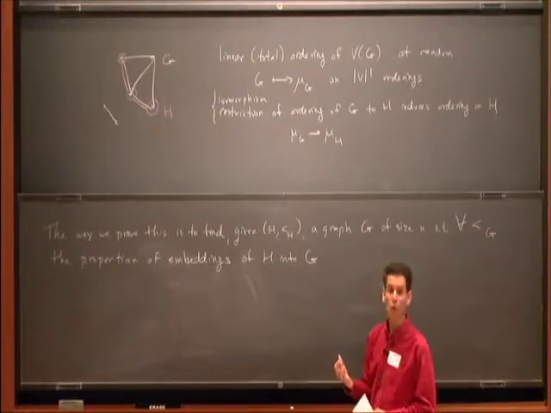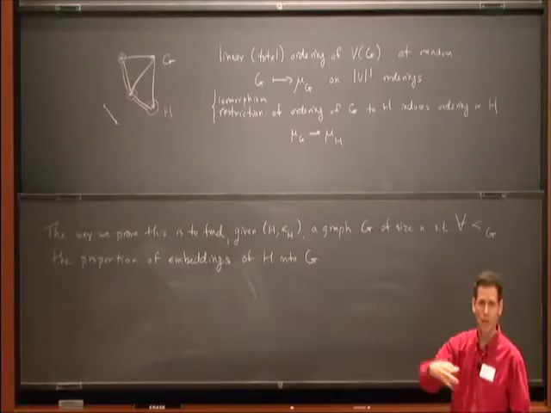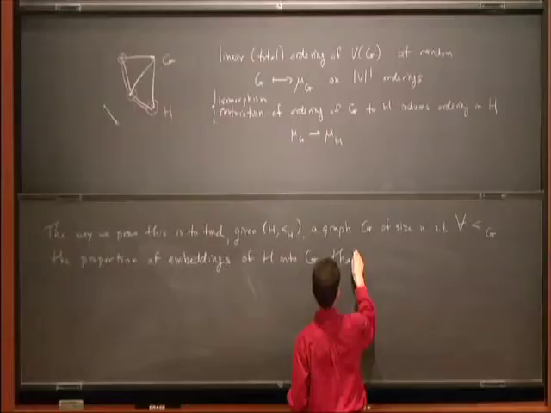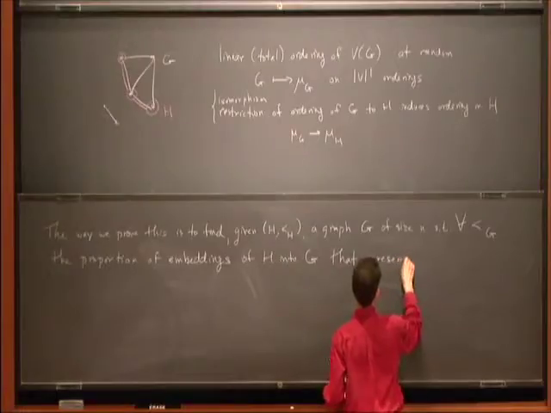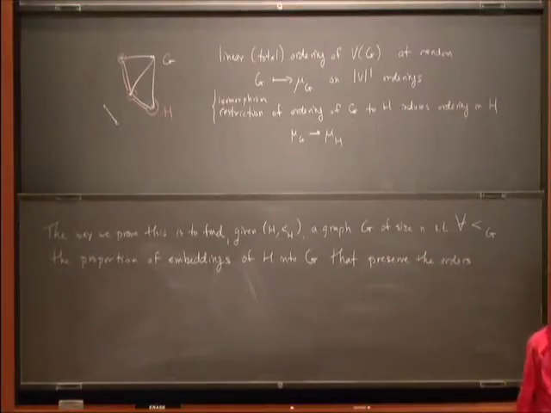And some of them will preserve the ordering. In other words, the ordering on G will induce the corresponding image of the ordering on H. Some of them won't, but look at the proportion that do preserve the orders. An embedding of H into G, you mean it preserves edges and non-edges? Yes. Finding H as an induced subgraph in G?